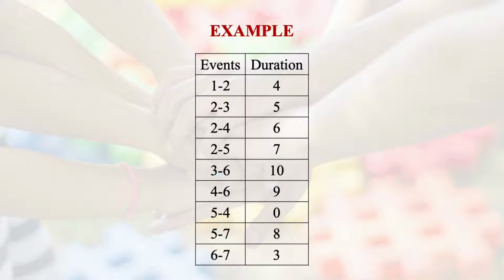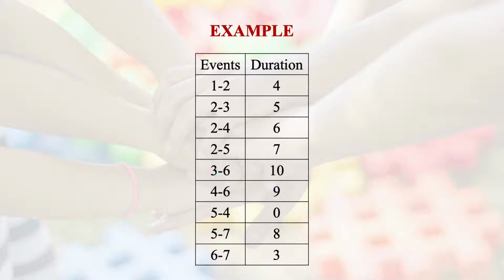Let me explain this concept of project time with the help of an example. Now let us assume there are events 1 to 2 which takes time of 4 units, 2 to 3 takes 5, 2 to 4 takes 6, 2 to 5 takes 7, 3 to 6 takes 10, 4 to 6 takes 9, 5 to 4 takes 0, so this is a dummy activity.